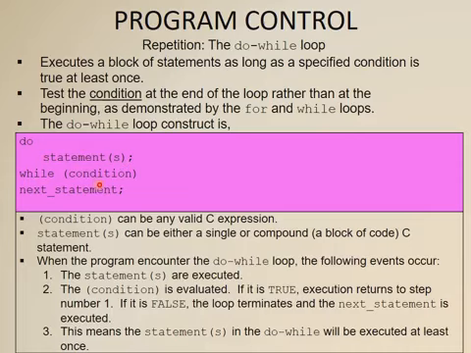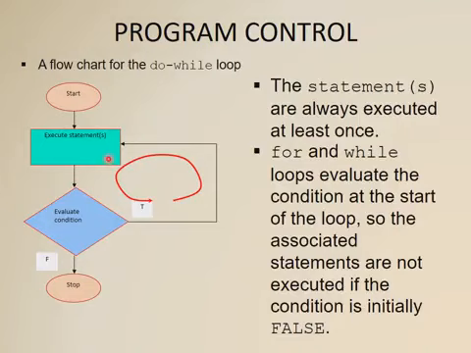Then the condition will be evaluated. If it is true, then again it will move into the do loop and the statements will be executed. And if the condition is false, then the next statements will be executed. So in the do while loop, the statements that we have given in the do loop will be executed at least once.